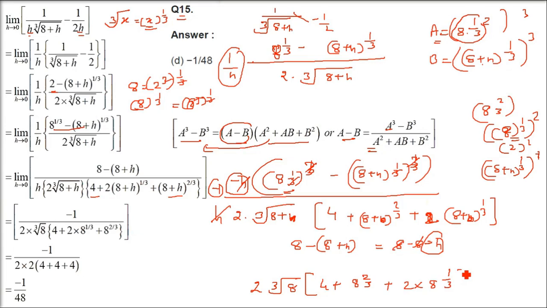So 2 into third root of 8 is 2. Then we have 4. And this also 8 raised 1 by 3 is 2. 2 into 2 is 4. So what is the numerator? Minus 1 by, 4, 4, 4 is 12, and 12 into 4 is 48. So minus 1 by 48 will come.